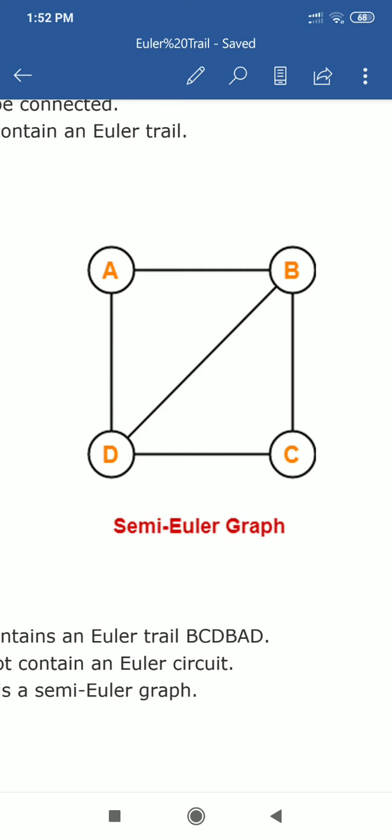Now A to B, B to C, C to D. Oh, I'm again misleading. You have to start from B, then you can complete. So B to C, C to D, D to B, B to A, and A to D. That is a trail.